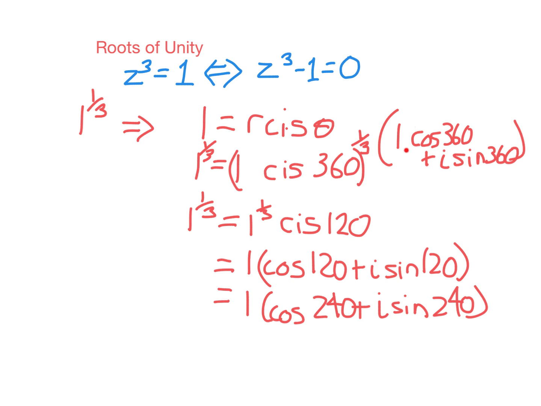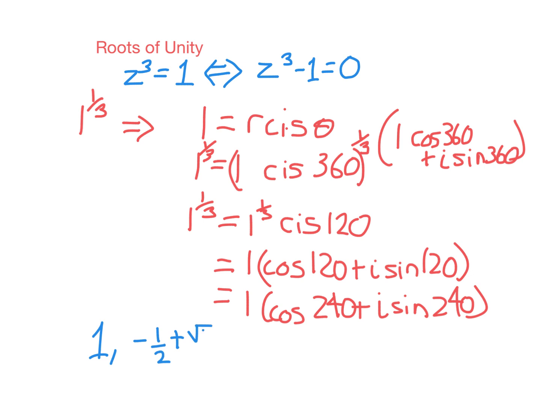The first solution we already know: 1 cos 360 plus i sine 360 is just 1. We knew that that was a third root of 1, but we didn't know these other two. So cos of 120 is minus a half, and sine of 120 is root 3 on 2.